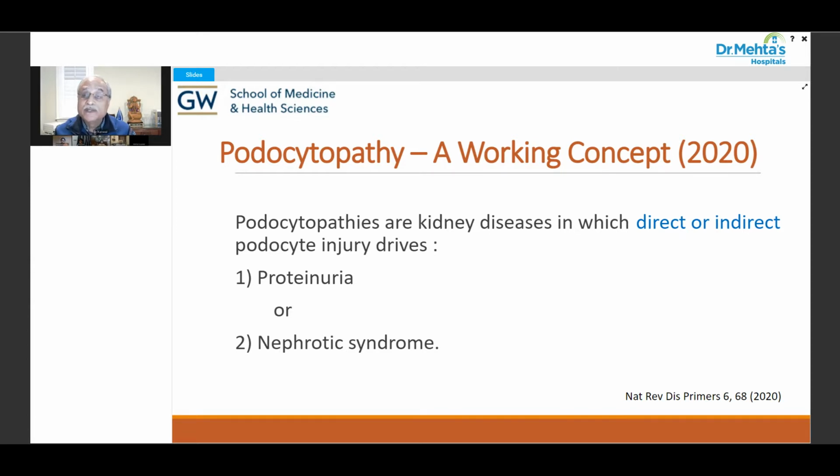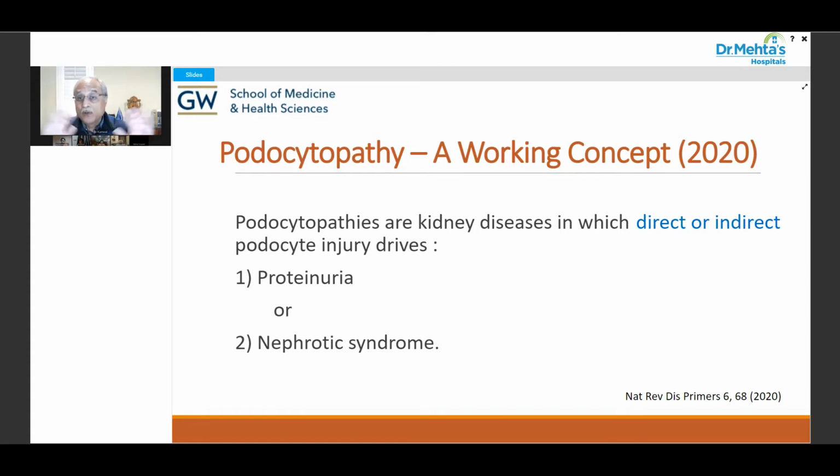We all deal with these issues, but it has now been gelled into a concept of defect, degeneration or injury of one particular cell, the podocyte. And truly, that's where the attention has been diverted.